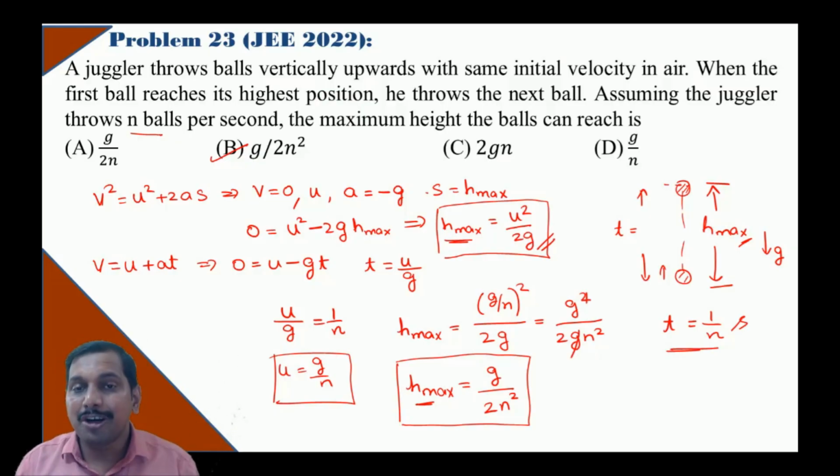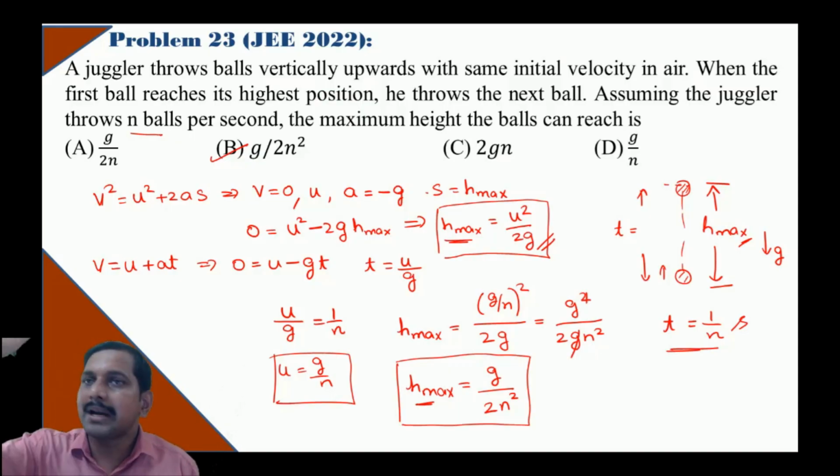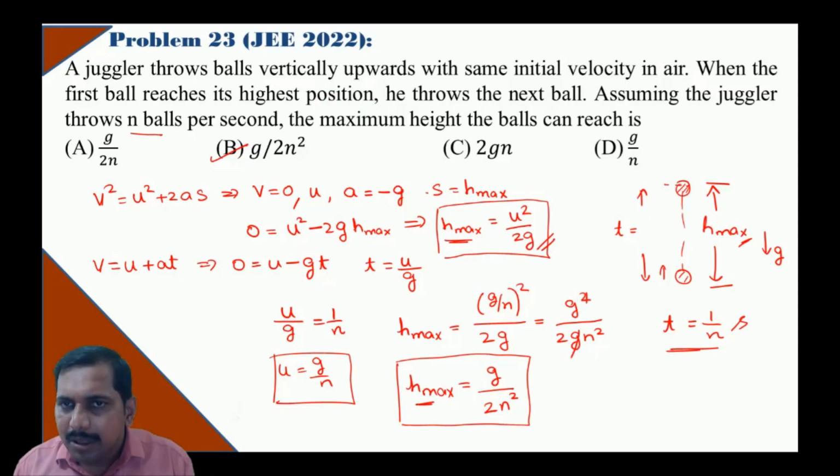Furthermore, whenever a problem comes in JEE, we have to think what more we can do with it. Another problem could ask, if 10 balls have to be thrown in 5 minutes or 10 minutes, what is the maximum height it can reach? There are a number of ways in which this problem can be interpreted.